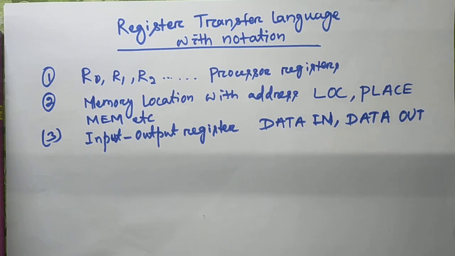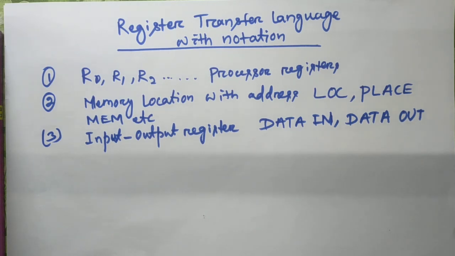So other notation is also there, but since it is a very standard notation, we can use it in this way. And another way, whenever we go through different register transfer operations, we see how different operations can be used by different registers.